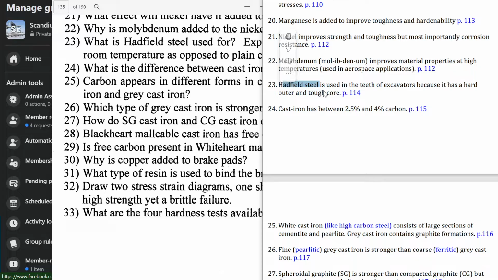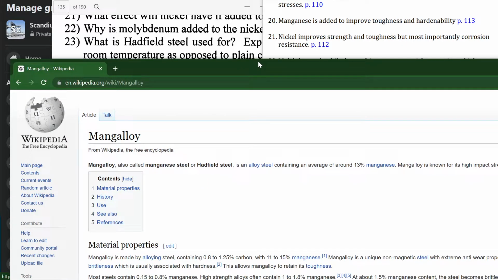I thought Hatfield steel had molybdenum in it, but I could be wrong there. Let's have a look. Yeah, it has manganese. Manganese, molybdenum.